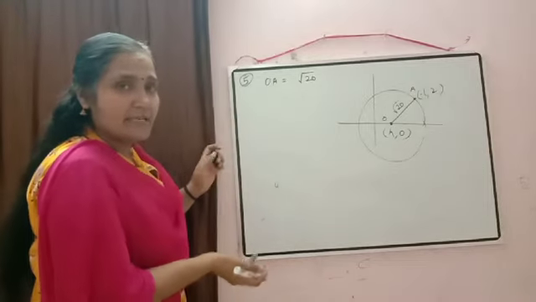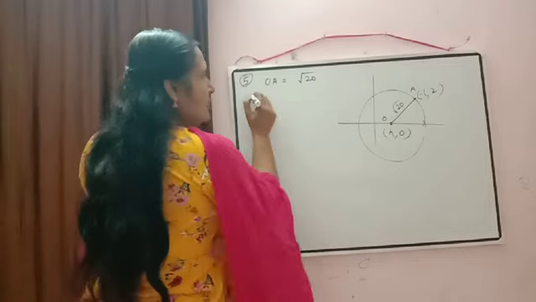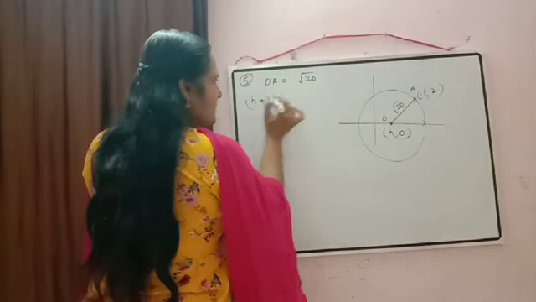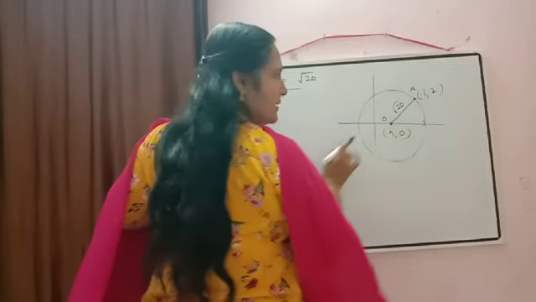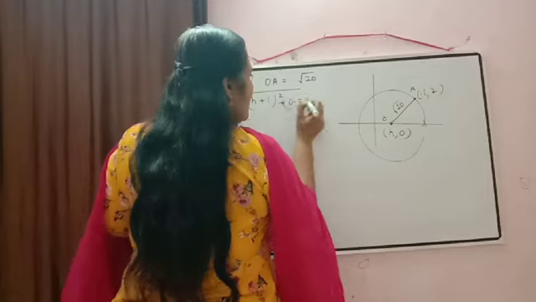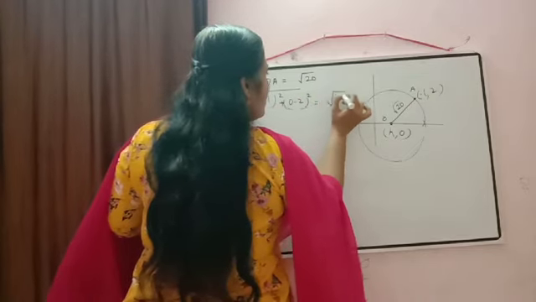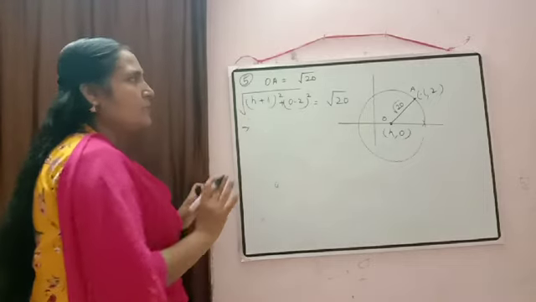But according to the distance formula, what will be OA? Yes, that will be equal to the square root of h plus 1 the whole square plus 0 minus 2 the whole square, is equal to root 20. To avoid the square root, squaring both the sides.